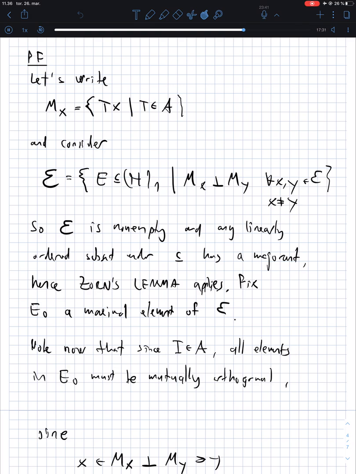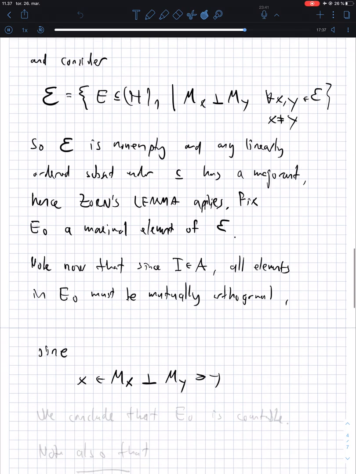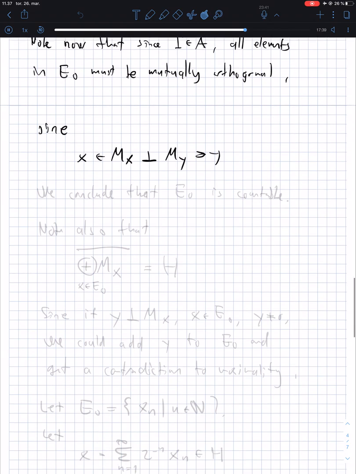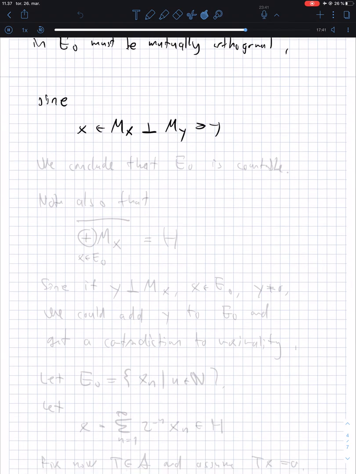Right, so the elements in E naught must be mutually orthogonal. I guess 0 is in there, right? So the 0 element lies in there as well. That's fine. But we note that by our assumption that H is a separable Hilbert space, we conclude that E naught is countable.